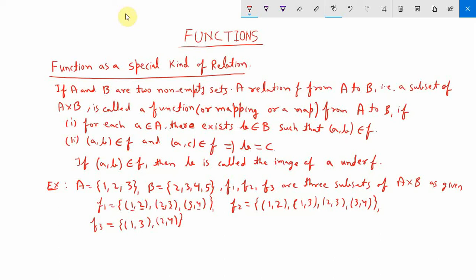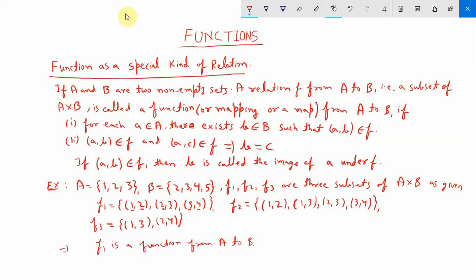And for no same element of set A are there different images. So F1 is a function from A to B.